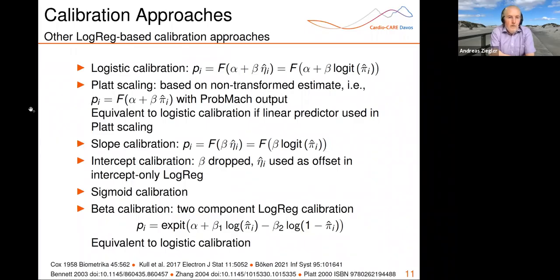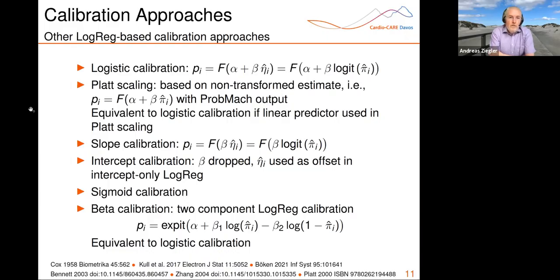And therefore, in our simulations and also in our writing, we make a clear distinction between logistic calibration, where you always use the linear predictor to be fed in, as you can see in the first line, and Platt scaling, where we use the non-transformed estimate, which could be the estimated probability, or it could be a linear predictor. So later, when I talk about the simulation study, when we talk about Platt scaling, then it's in fact the estimated probability, and logistic calibration then is that with a linear predictor.